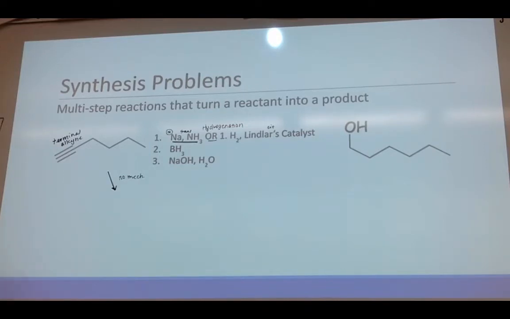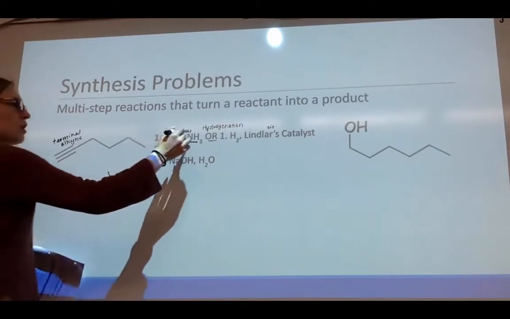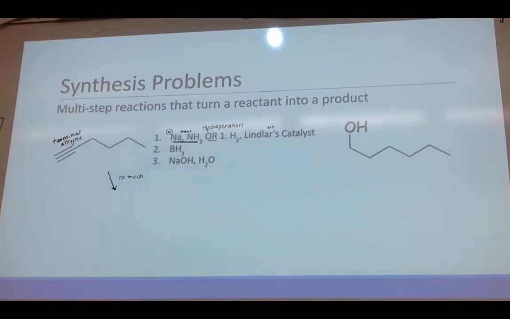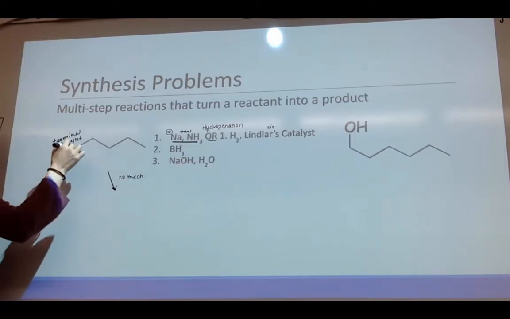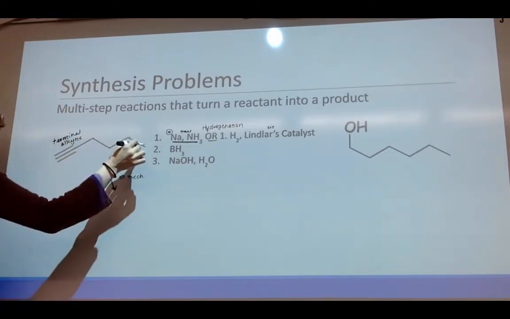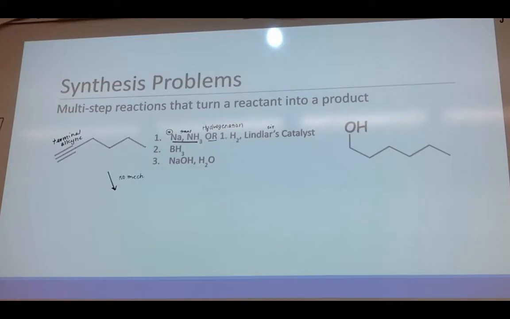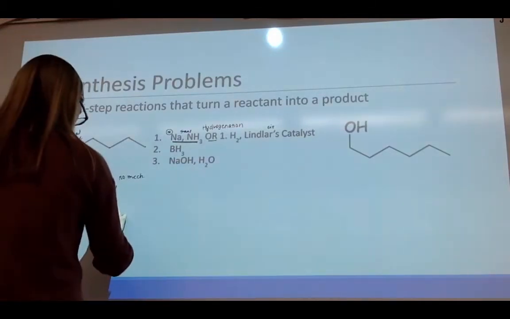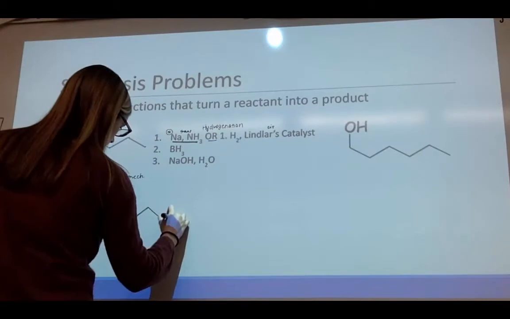And so for hydrogenation, when you have Na and NH3, or you have H2 and Lindlar's catalyst, you produce an alkene. So you are not changing the number of carbons. 1, 2, 3, 4, 5, 6 carbons in the starting reactant. You should have 6 carbons in your alkene. So if I draw this, 1, 2, 3, 4, 5, 6.